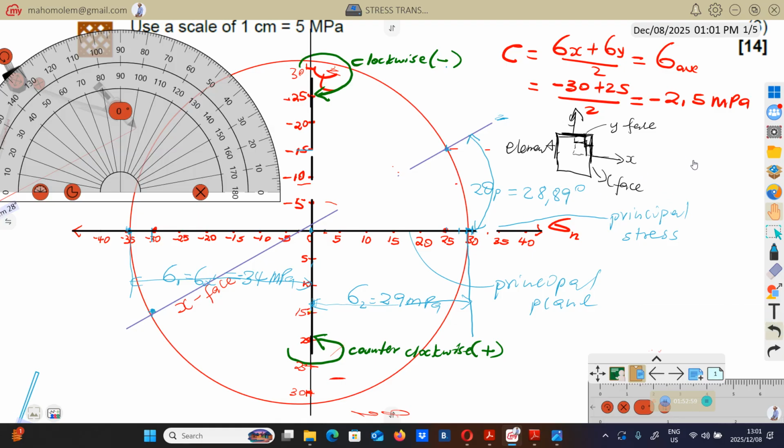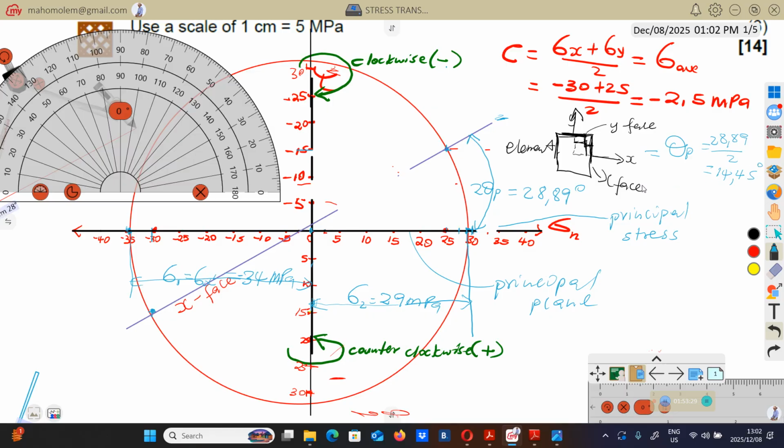And as I've said, when it comes to the element, you will take that angle divided by 2, 28.89 divided by 2 for the element. Then you will get 14 point something, 14.45, I think. I'm not sure.